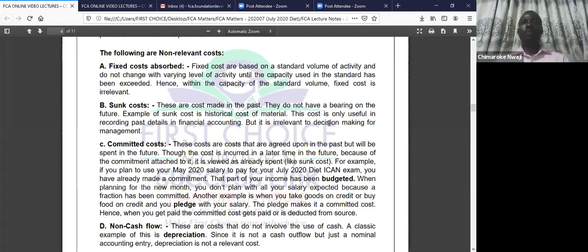Let's say, for example, you buy a bag of rice for 10,000 naira 3 months ago, and it's still in your store. And you learn today that a bag of rice is 18,000 naira in the market, and that is how much you are selling it now. Will you say, because I bought it for 10,000, let me sell it for 18,000, and I'll take the 18,000 to go and buy another bag of rice?